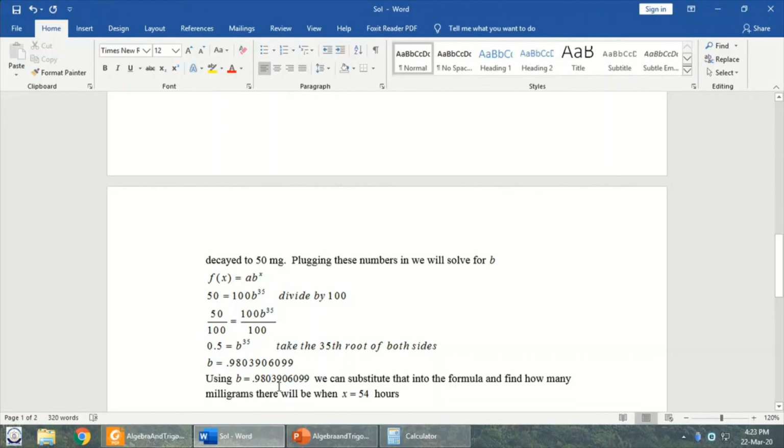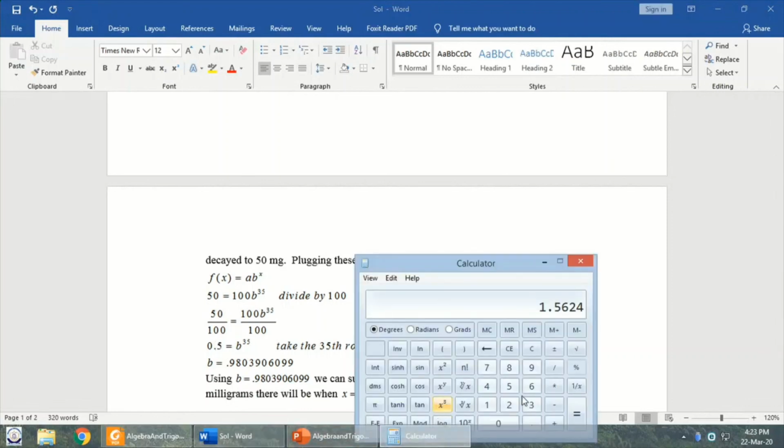And this half is actually, I would say, 0.5 raised to the power 1 by 35. Okay, so let's just put in 0.5. Do we have 1 by 35? So it's actually the 35th root of that.